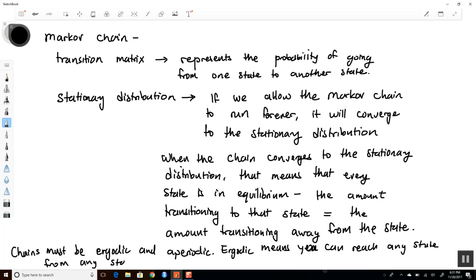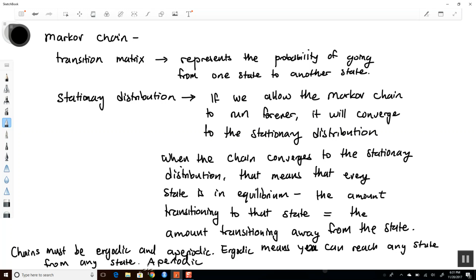So if you start at one state, you can reach any of the other states, given enough time. Maybe not directly. If you're in Los Angeles and you want to get to New York, maybe you have to travel through Albuquerque and St. Louis or something. There's no direct path, but if you can reach there, great, okay?